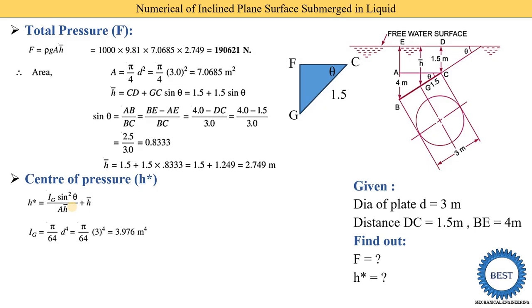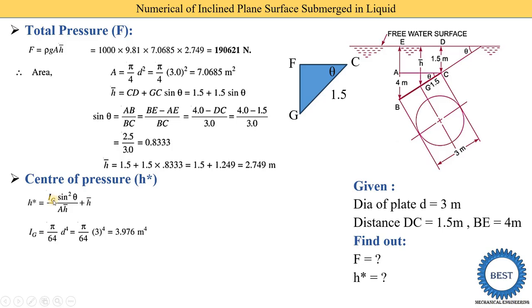For a circular shape, the equation is pi into d raised to 4 power divided by 64, and the value of d is 3 meters. Solving this in a calculator, Ig is equal to 3.976 meter raised to 4.